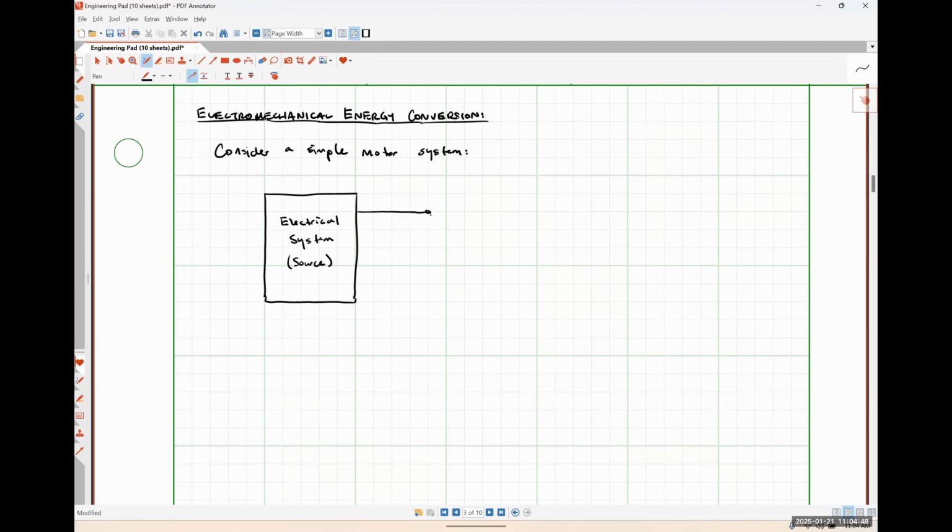And the output of my electrical system is going to be some sort of power, right? So just for the sake of argument, I'm going to draw a current I leaving this guy, a voltage V across the terminals. And I'm just going to make a little note here that P is equal to I times V. So this is my input power to my system, okay?